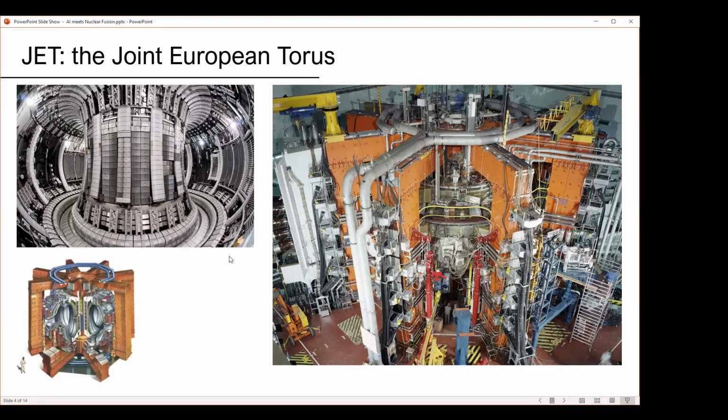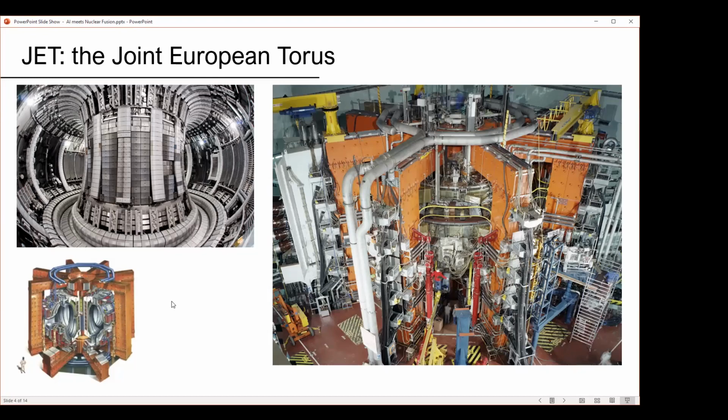But still, actually, as I'm doing this presentation, people at JET are trying to mix deuterium and tritium and trying to match a fusion record that was achieved in the 90s.